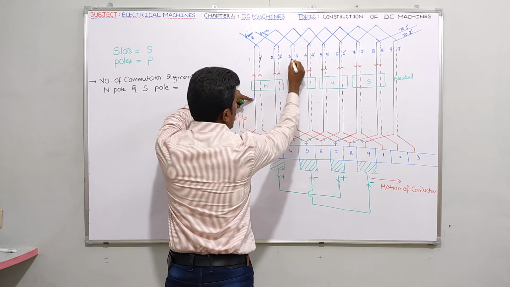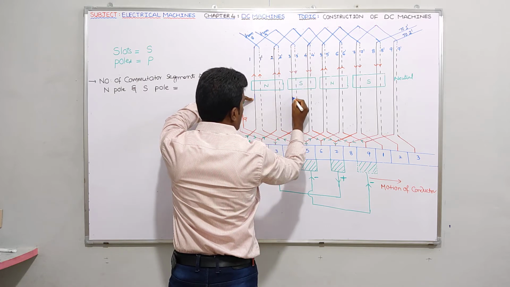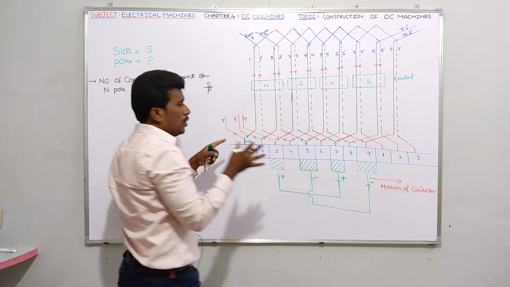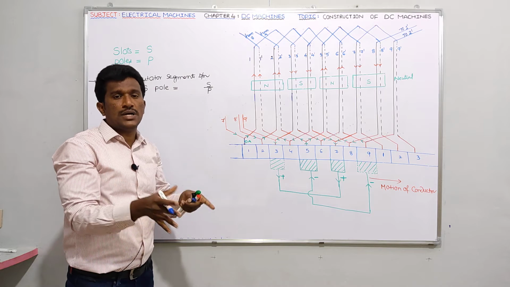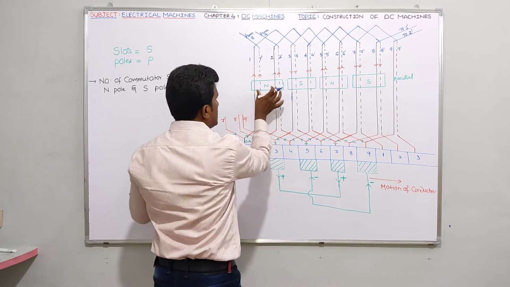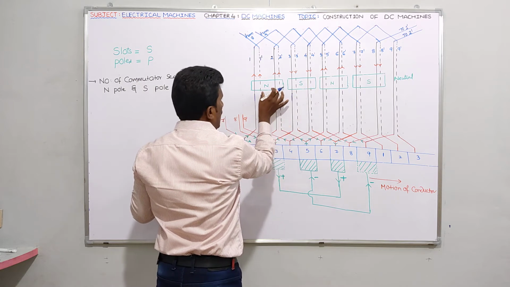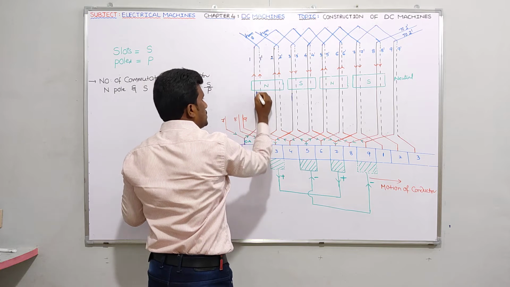And in the south pole, if I take the first slot, please take the third slot. Slot top conductor, there is nothing to confuse. I am just going to give the formula for the number of commutator segments between north pole and south pole. Under the north pole, slot number 1 top conductor is this one.